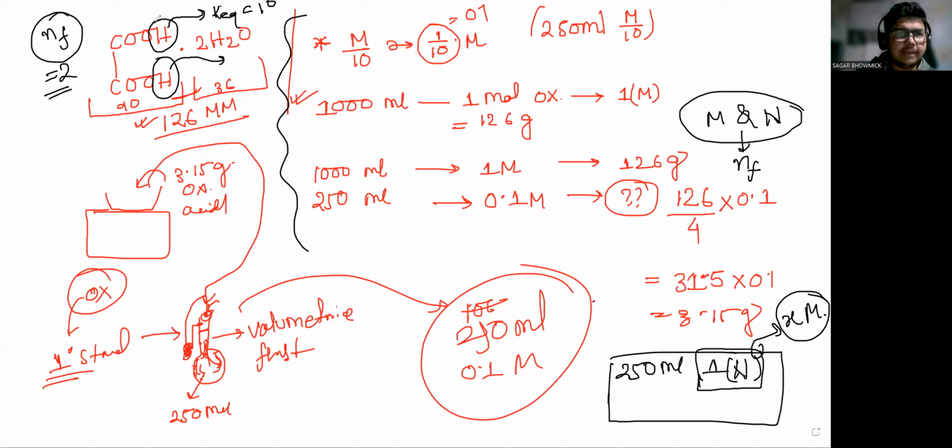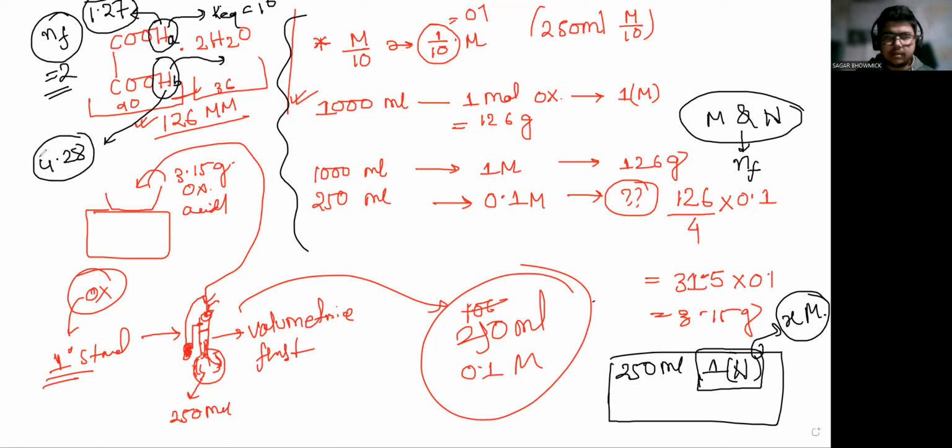Now if I talk about pKa, we know the equilibrium constant is related to pKa. Suppose HA and HB: for the first proton the pKa is 1.27, the known value, and for the second proton it's 4.28.